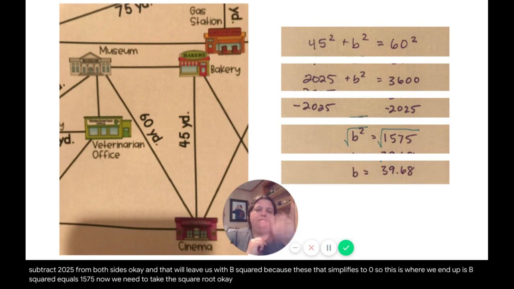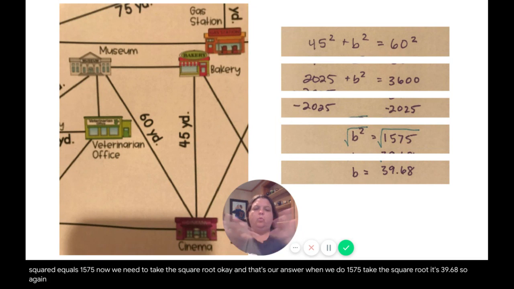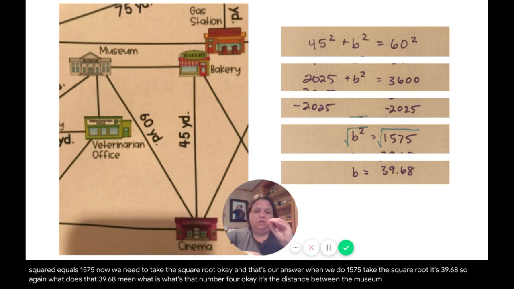Okay, and that's our answer. When we take the square root of 1,575, it's 39.68. So again, what does that 39.68 mean? What's that number for? It's the distance between the museum and the bakery.